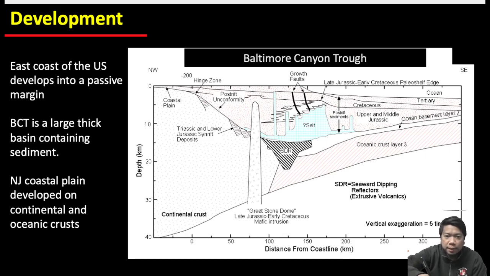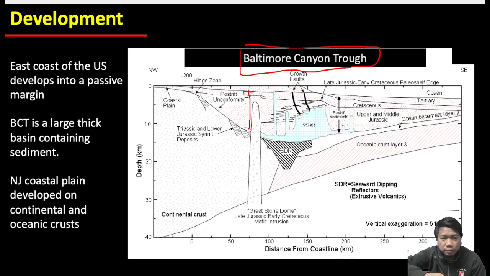And this basin is part of what we call the Baltimore Canyon Trough. The Baltimore Canyon Trough is a large basin that contains very thick sediments. It goes all the way to maybe 8 to 9 kilometers thick of sediments. So it's a very big basin with very thick sediments in it.